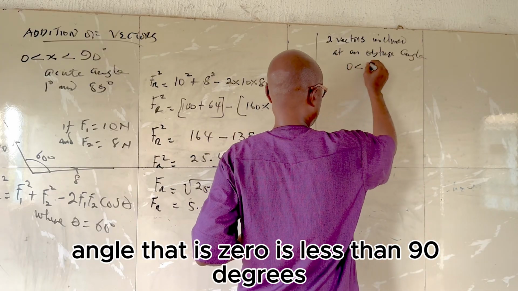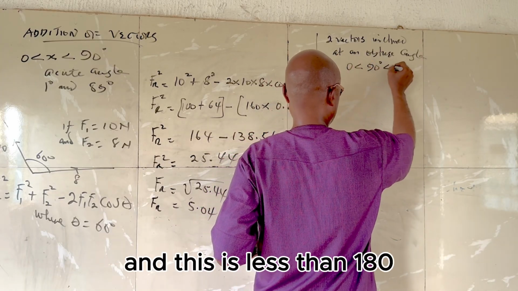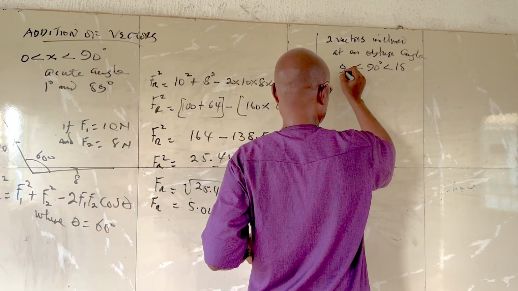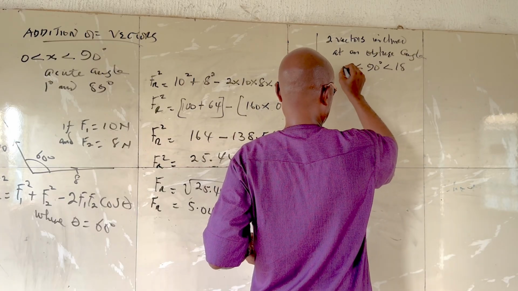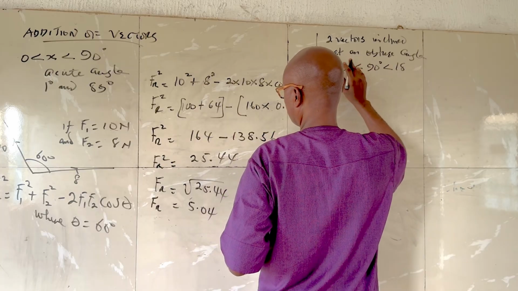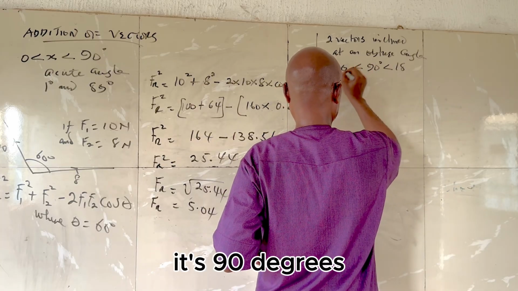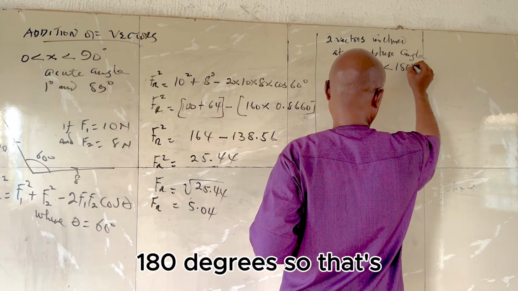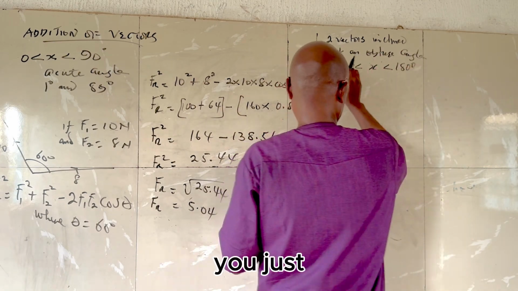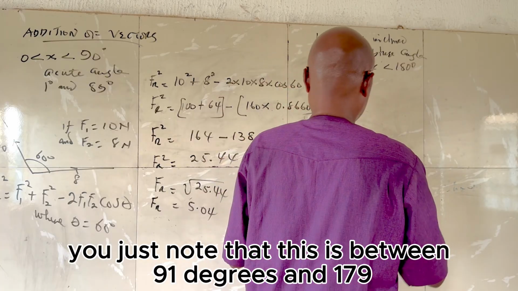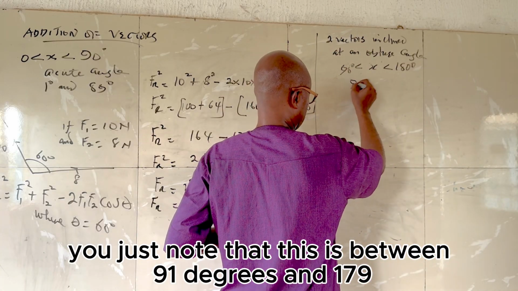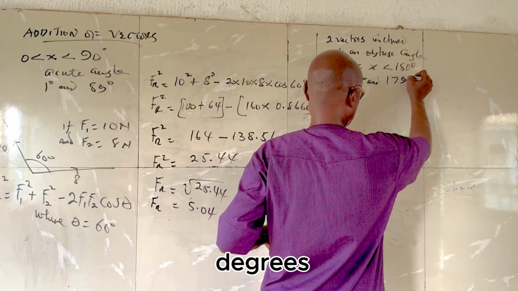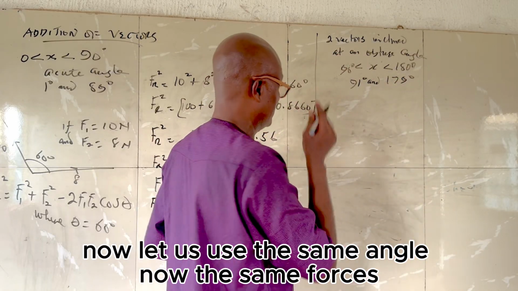That's 90 degrees is less than x, and x is less than 180 degrees. You just note that this is between 91 degrees and 179 degrees.